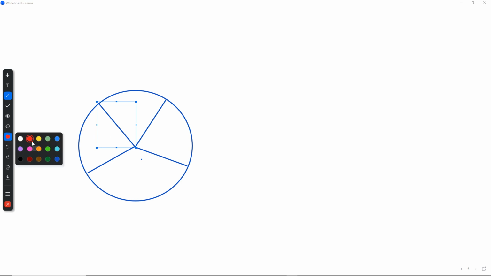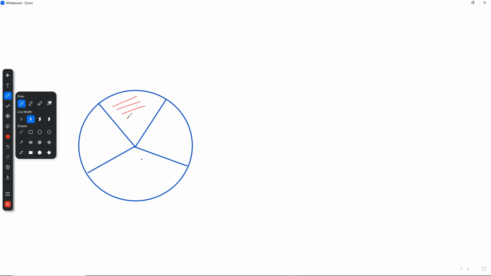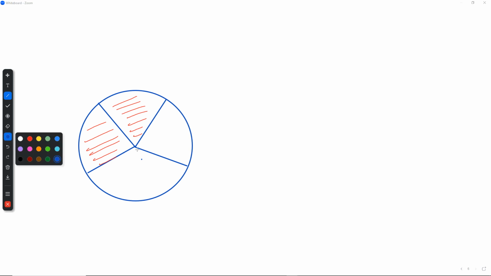And let's say we color code these. I've got red over here, I've got red over here, and each of these are equal. I might need to put another line in there just to connect that up.